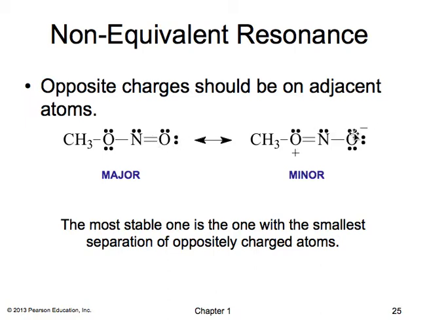This allows for charge separation, which now gives you a positive charge and a negative charge on the oxygen. Obviously, this is the major. This is the most stable. It's the one with the smallest separation of oppositely charged atoms. And again, this is not necessarily in the correct convention. You should have brackets on either side along with a double-headed arrow.